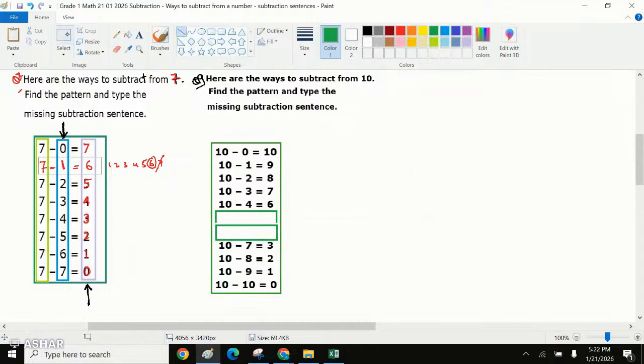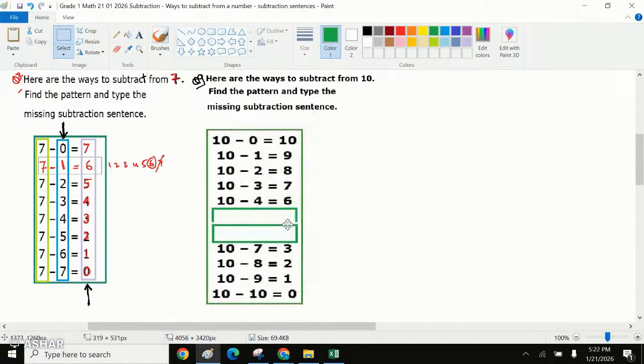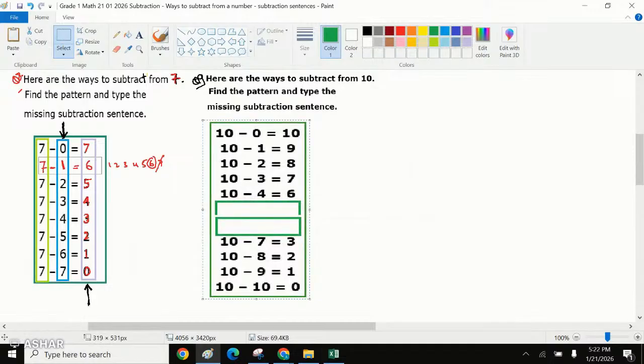So we make 2 unknowns over here. What could be the answer for those two unknowns? If we have two unknown values that we need to find the statements for, it should be 10 minus something, and this should be 10 minus something, right?